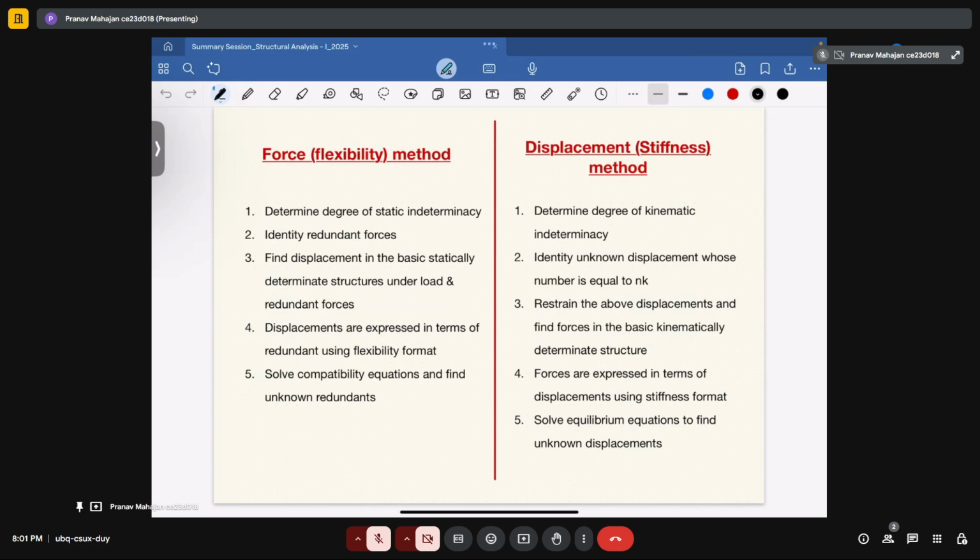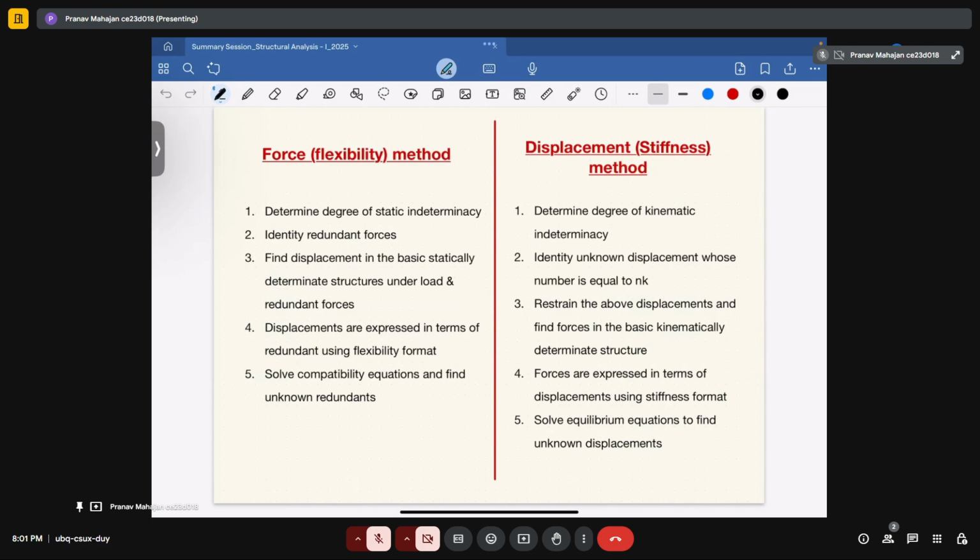Then restrain the above displacements and find the forces in the basic kinematically determinate structure, and then express the forces in terms of displacement using stiffness format and solve the equilibrium equations to find the unknown displacements. So these are the basic points, or you can say the algorithm, to solve both the methods.